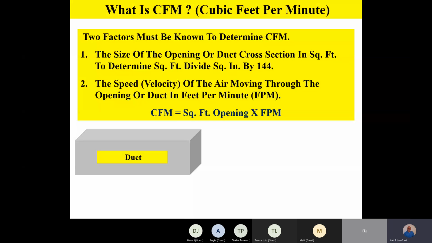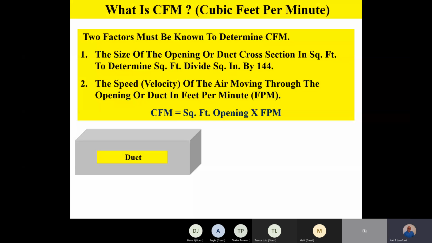If you don't have a filter in the return grill, 400 to 600 feet a minute velocity is the recommended on the return, and I like to stay more towards the 400. That gives you a nice quiet system. Oh, and by the way, if you go to a homeowner's house, it's easy to spot at the return grill. I can promise that return grill is undersized.